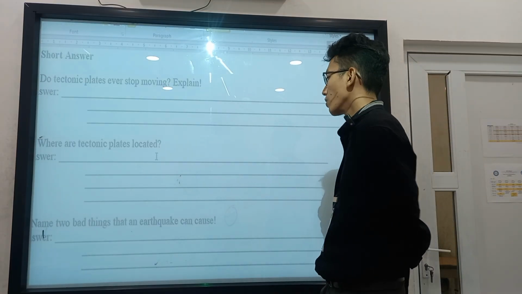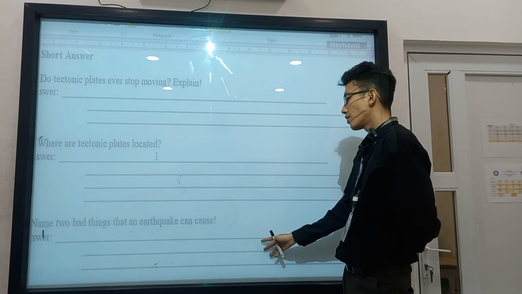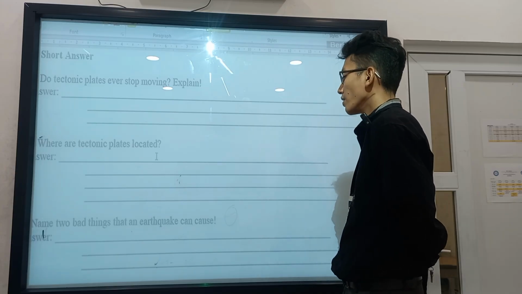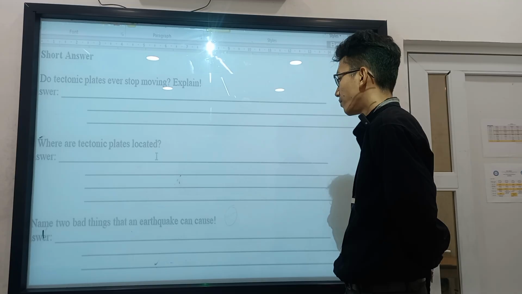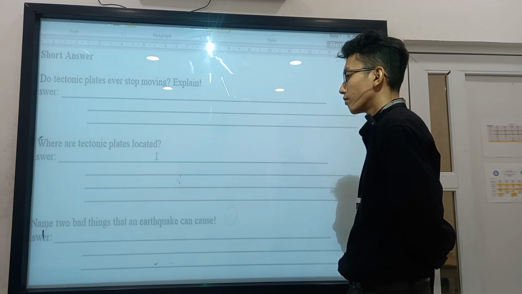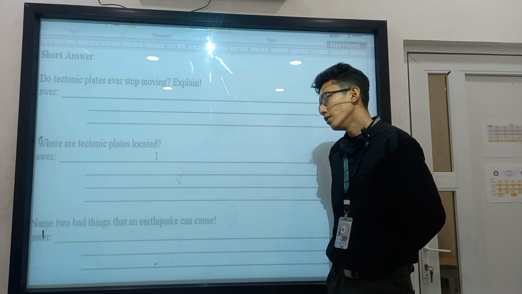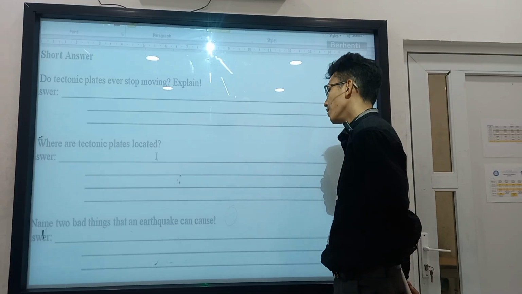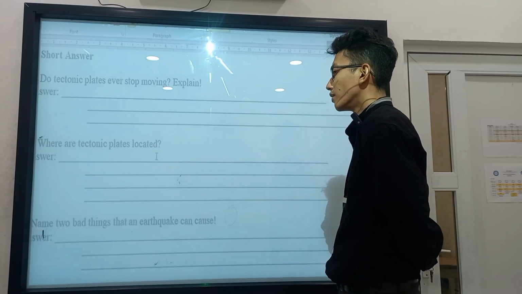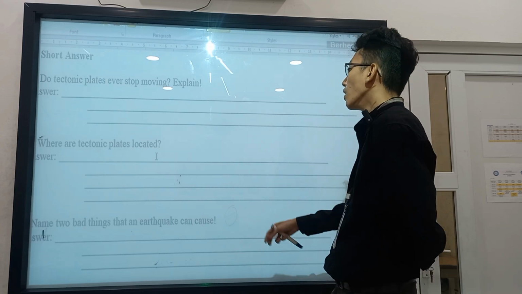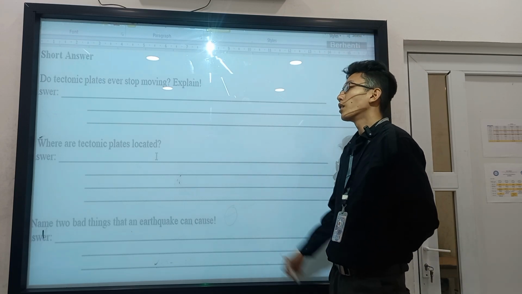It can also, unfortunately, cause casualties and injuries. Okay. It's a disaster. Yeah, there is no good thing about earthquake, right? Yes. While volcano, there is a good thing that happens. It can enrich our soil quality. It also gives us new mineral sources.